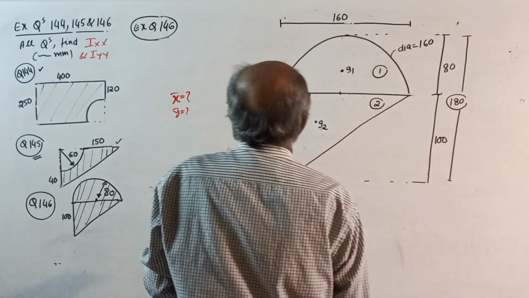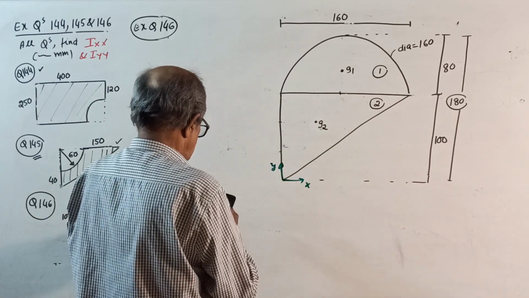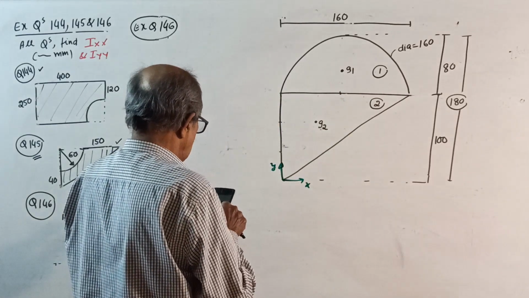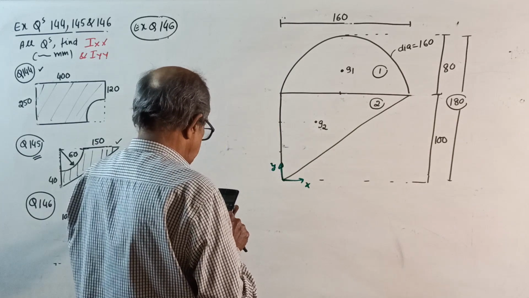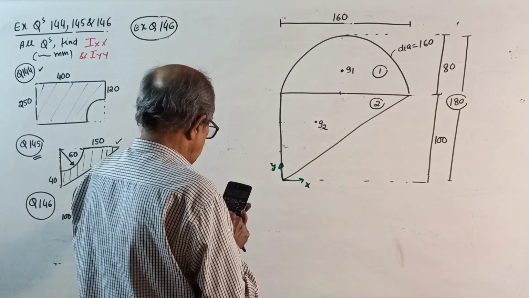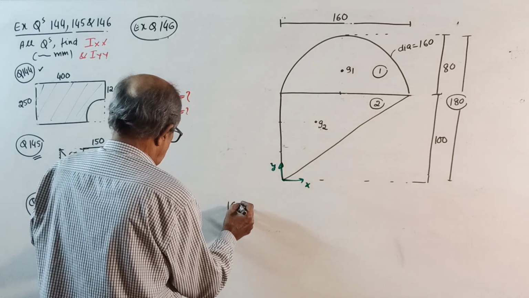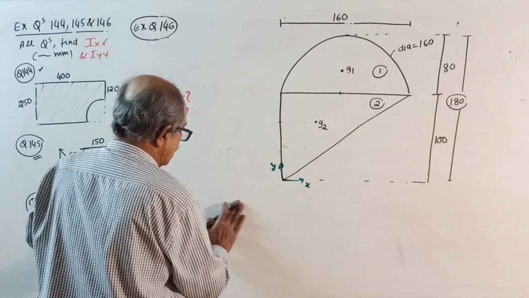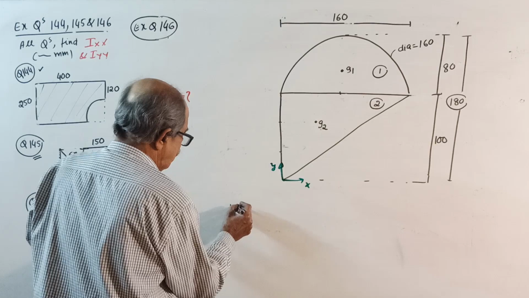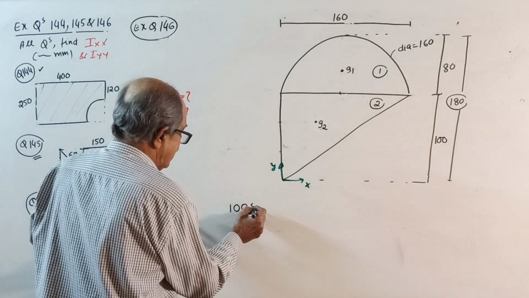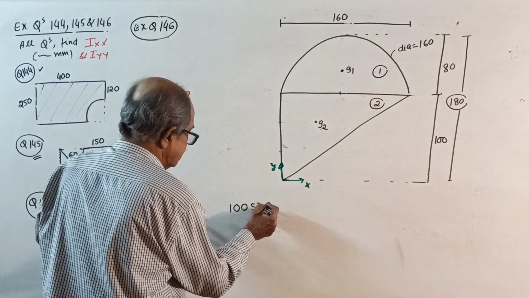First, area of 1. Pi by 8 of 160 square: 10053.096. Suppose somebody will ask, sir, what you are writing? If you are serious, you know what I am writing.